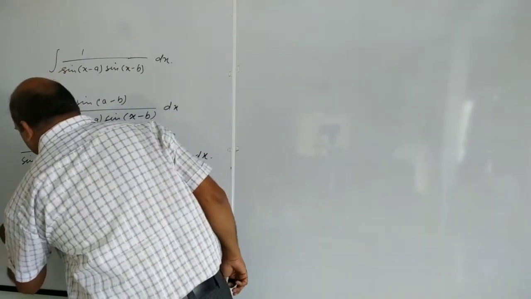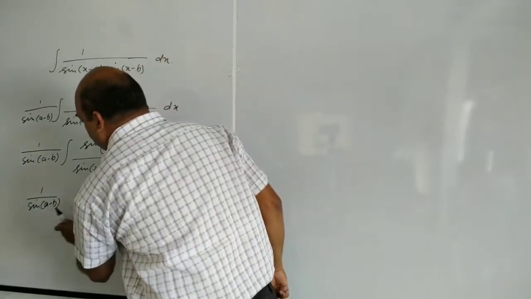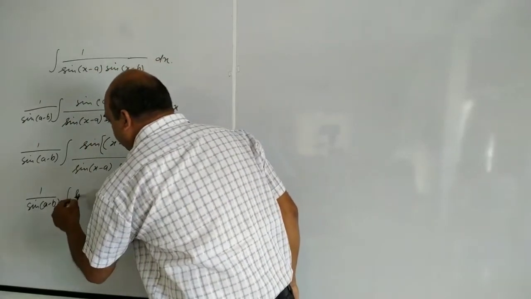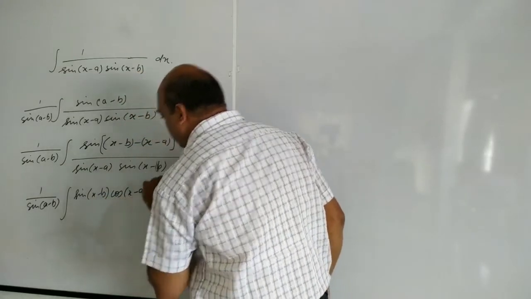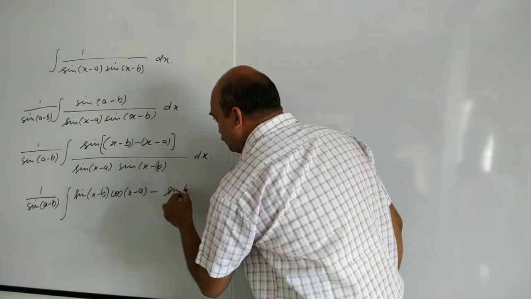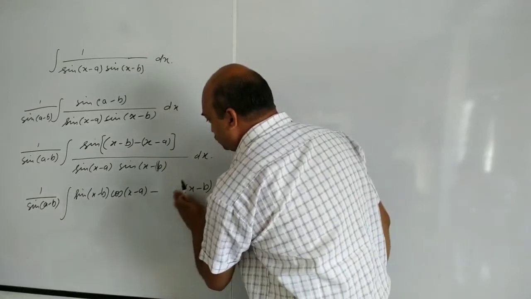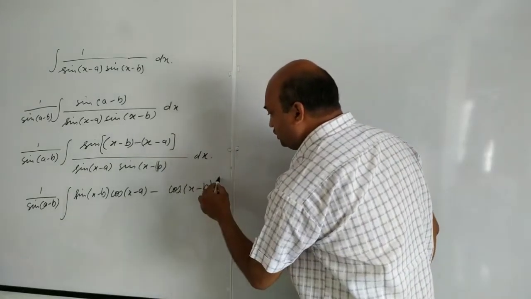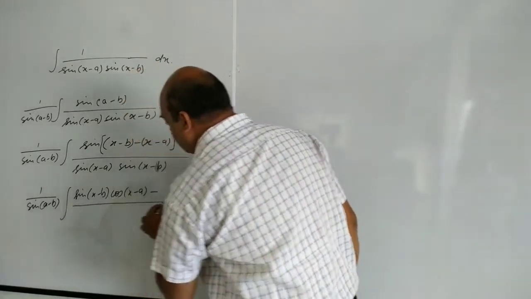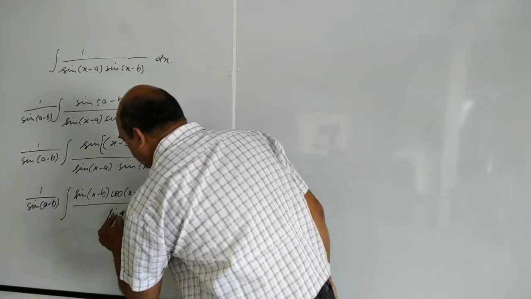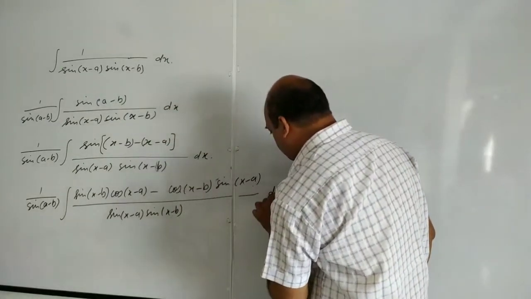So it will be 1 upon sin(a minus b) same, and here integration of sin(x minus b) cos(x minus a) minus cos(x minus b) sin(x minus a), and the denominator sin(x minus a) into sin(x minus b) dx.